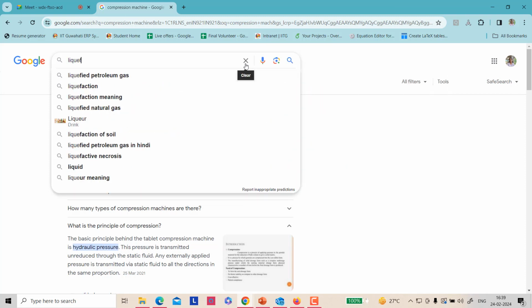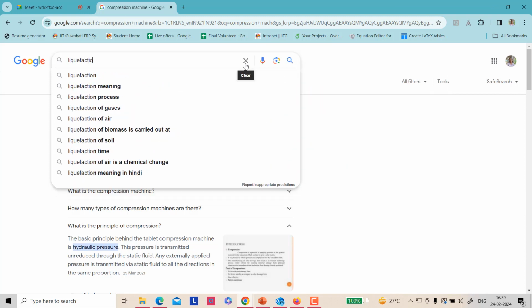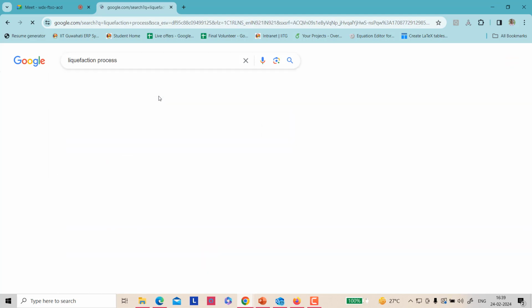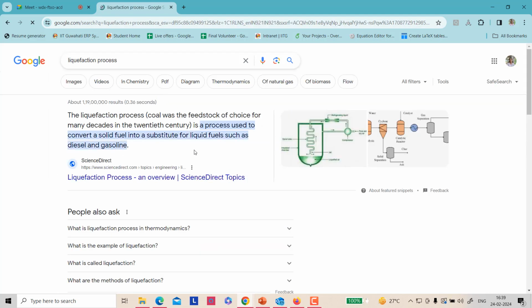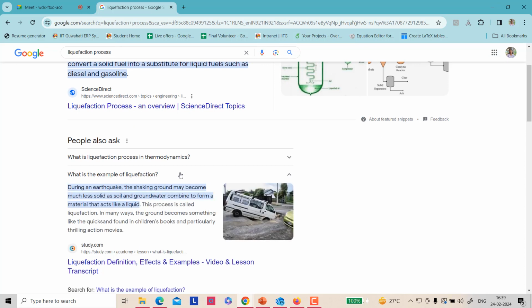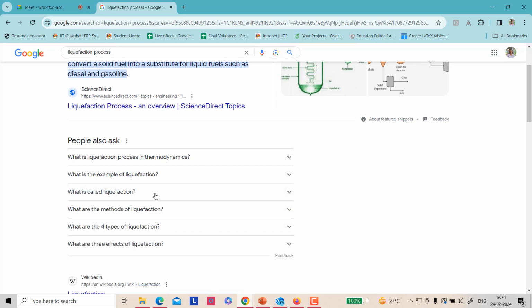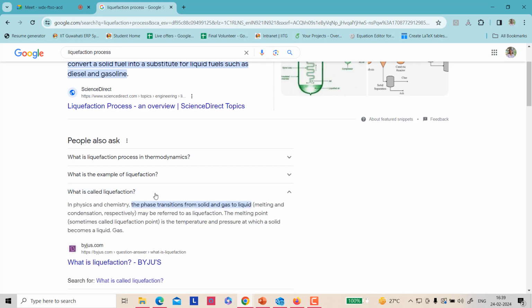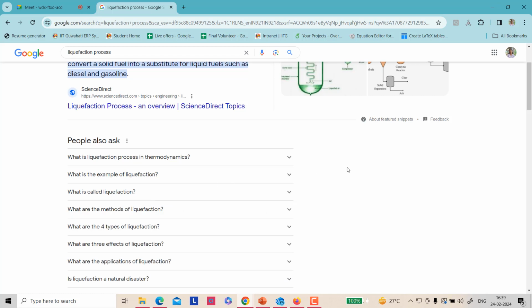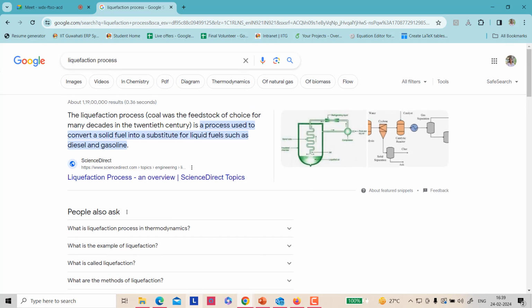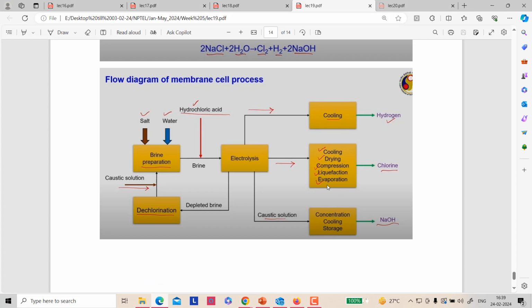And liquefaction is gas to liquid. In this case, you have seen that by electrolysis, chlorine gas is formed.